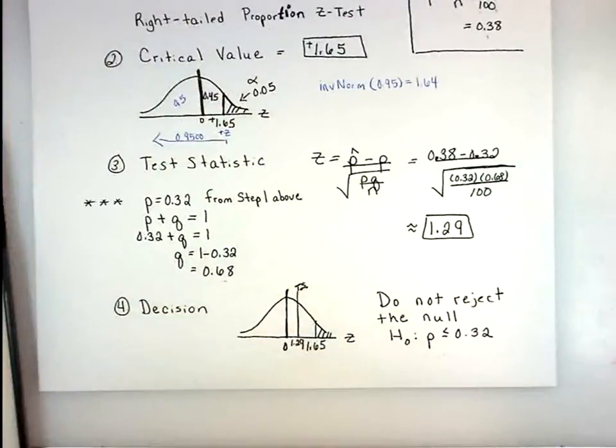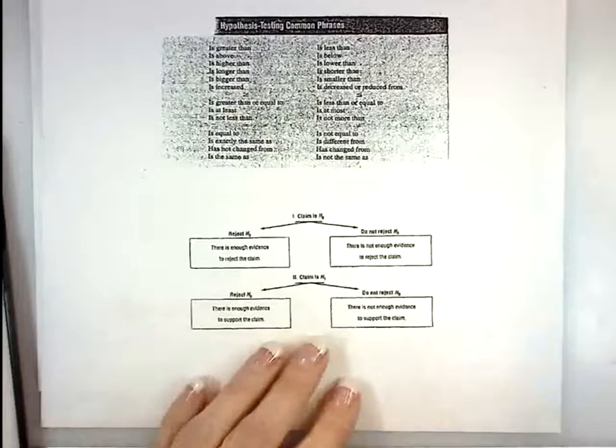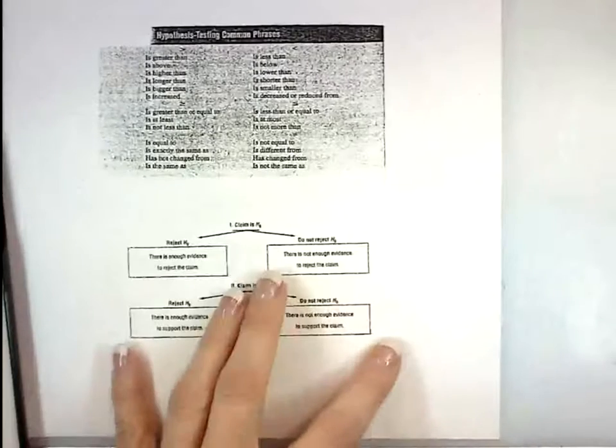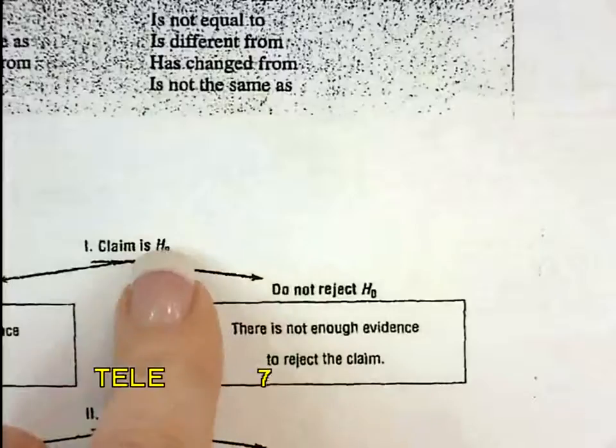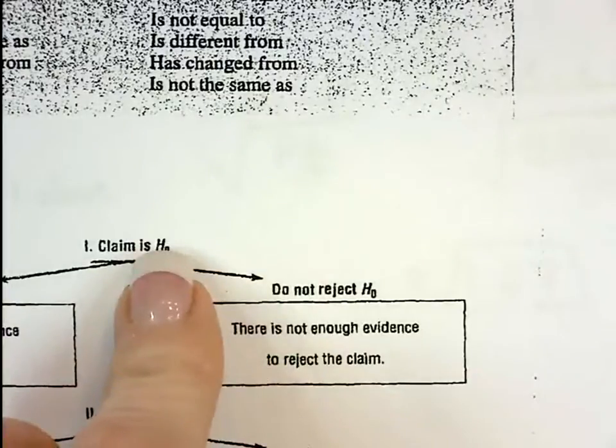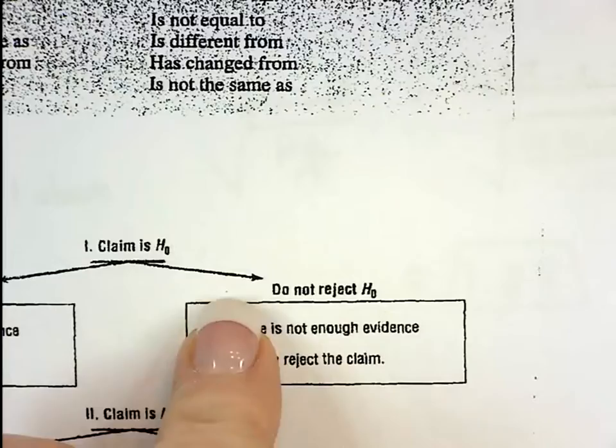So summary statement time. The claim is the null that says at most 32% of people who've been in a plane crash have died. Do not reject the null statement.